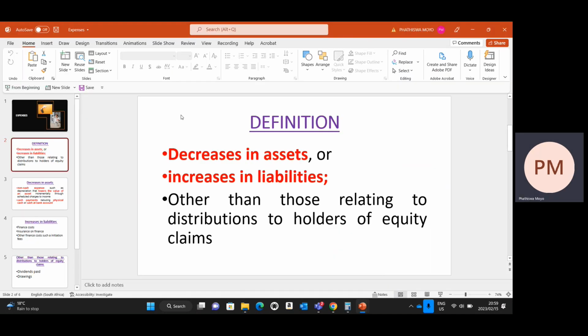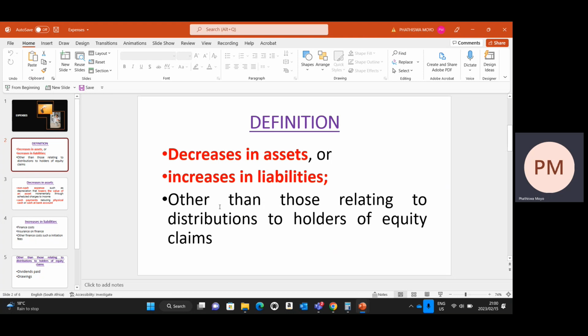For example, if you're looking at the definition of an expense, the criteria is it must decrease an asset or increase a liability, and it must be other than that relating to distributions to shareholders. So in order for us to agree that a particular transaction relating to stationery is definitely an expense, there must be a decrease of some sort in the assets, or an increase of some sort in liabilities.